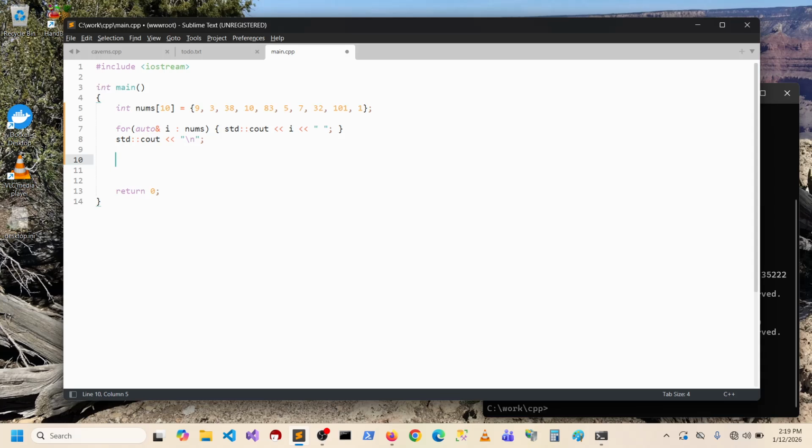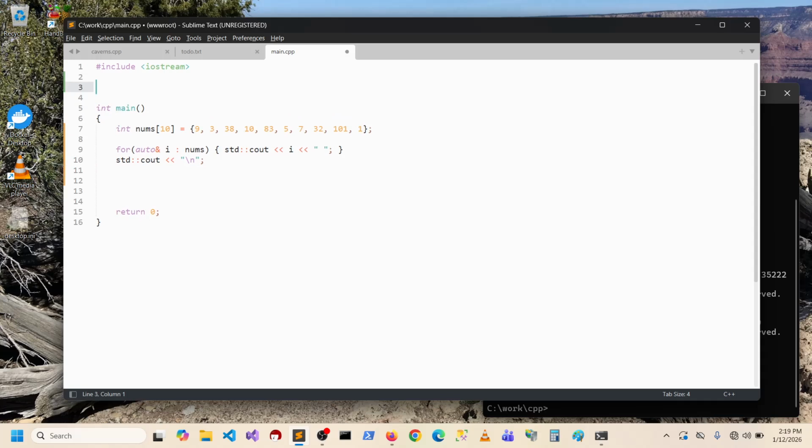So I need a function. Let's do a function up here. Let's see, what's it returning? Nothing? Maybe an array?